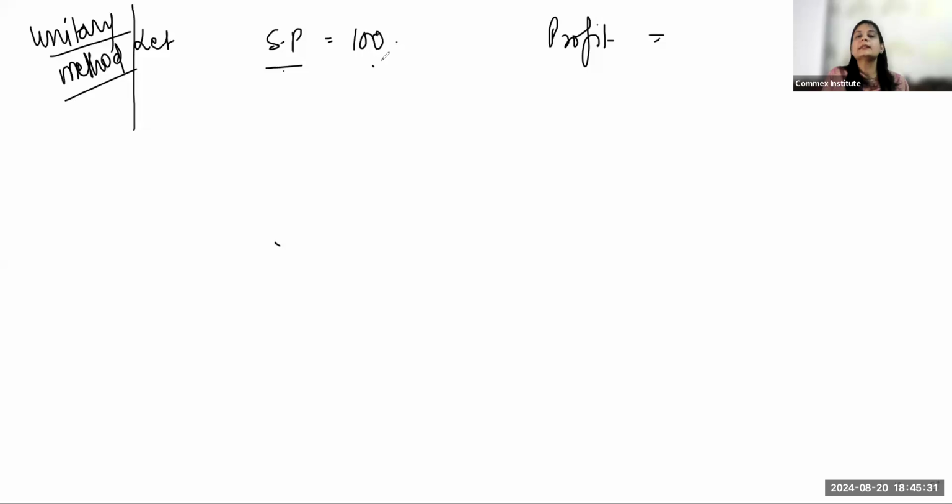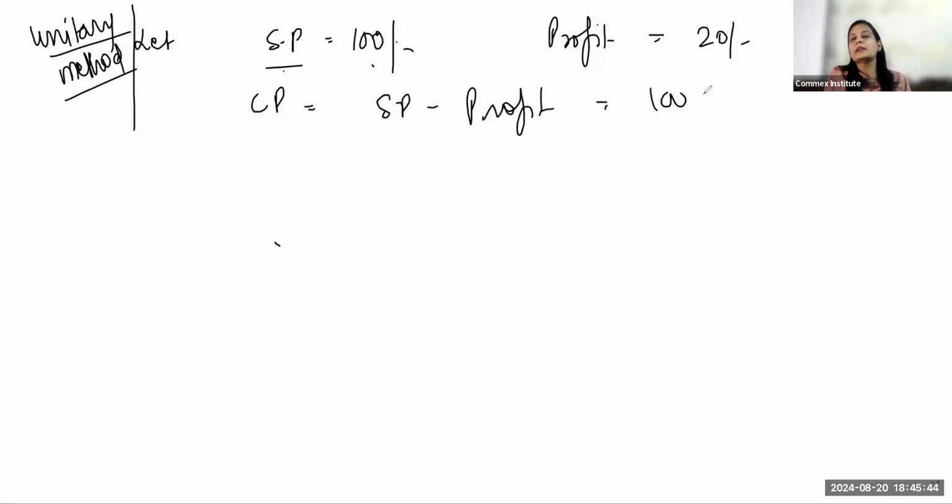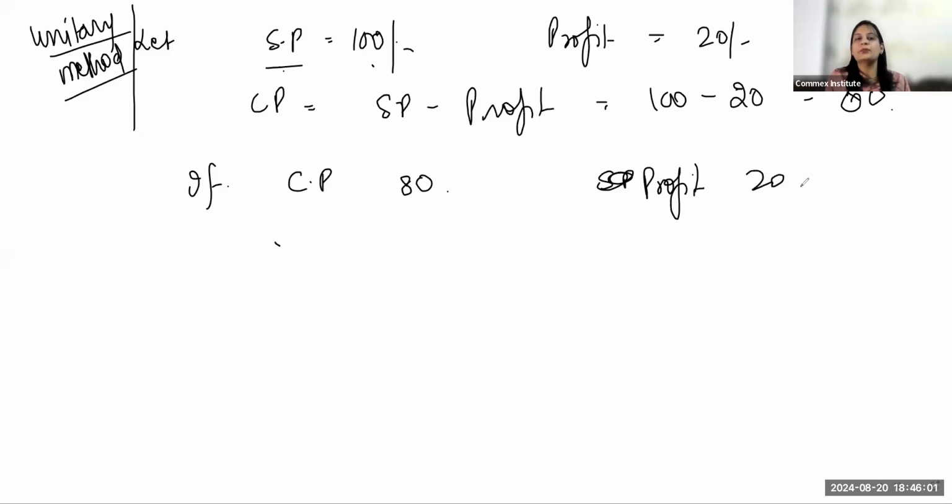So if the selling price is 100, then profit is 20% of the selling price, that is 20. Okay. So फिर cost price कितना हो गया? Cost price is equal to selling price minus profit, which is 100 minus 20, which is equal to 80. Okay. So if my cost price is 80, then my profit is 20.